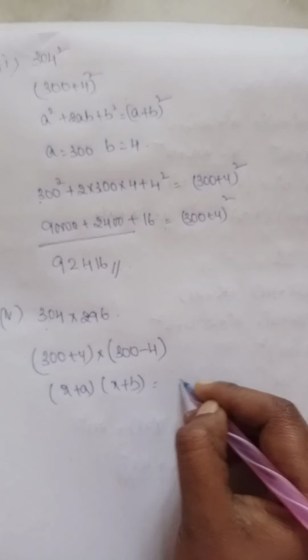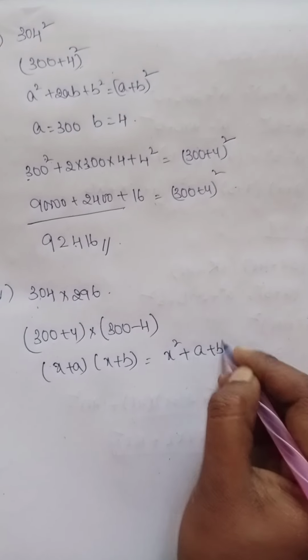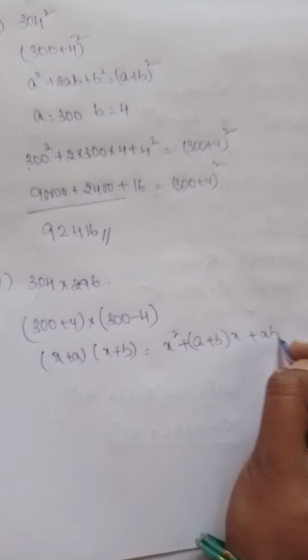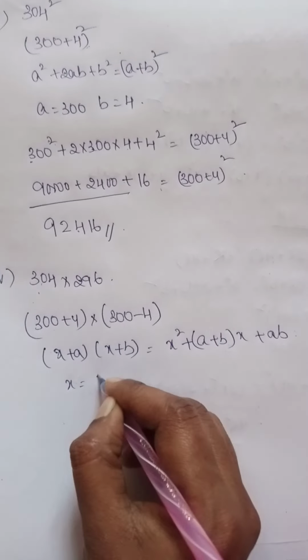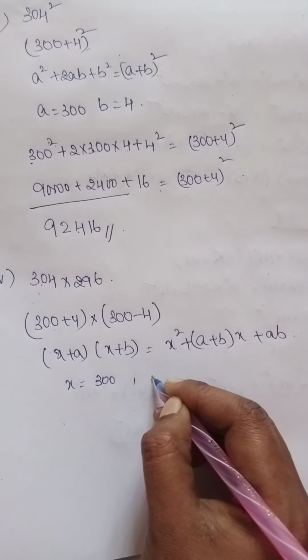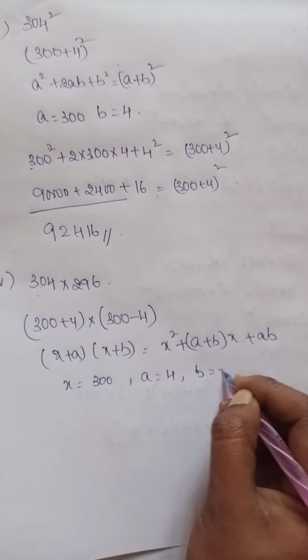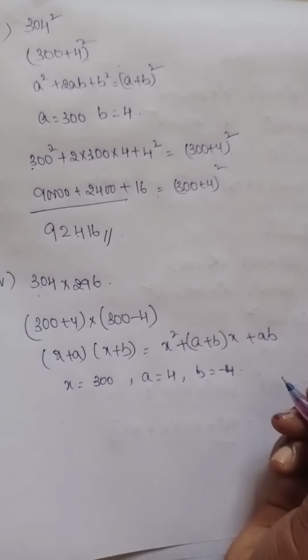Is it okay? What is the answer? x square plus a plus b into x plus ab. Okay, what is x here? 300, a is 4 and b is minus 4.